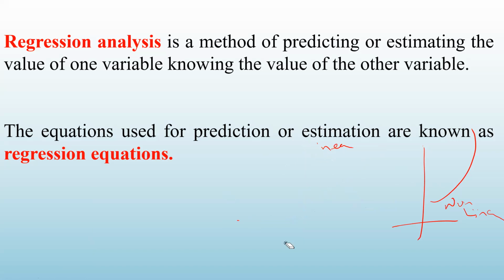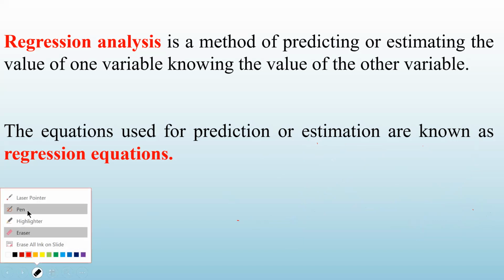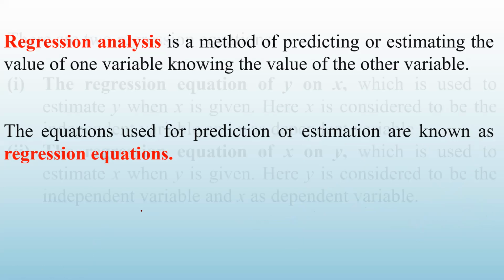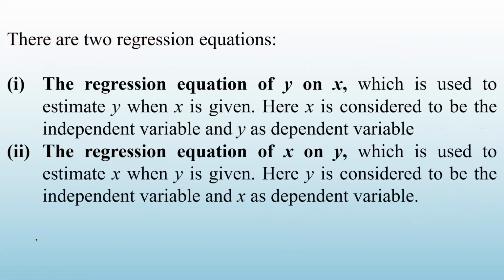Regression basically is a kind of mathematical expression between the two variables X and Y, so that if you know the value of one variable, the value of the other can be calculated. There are two regression equations.